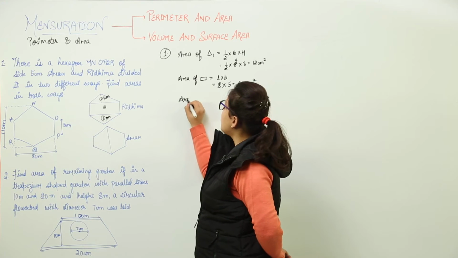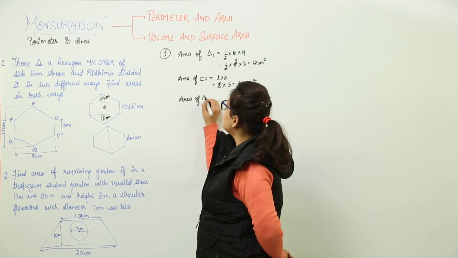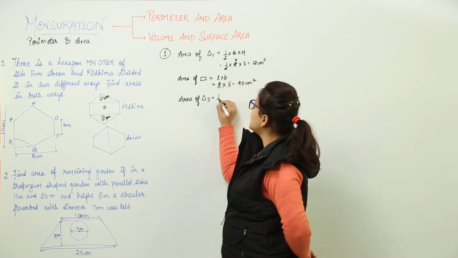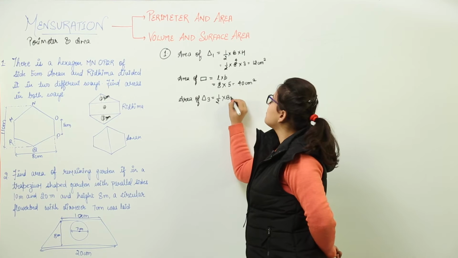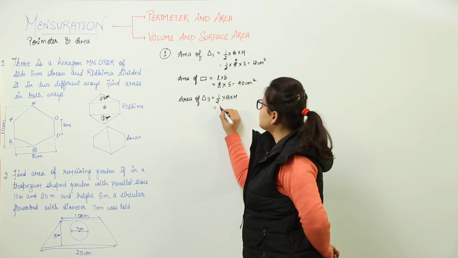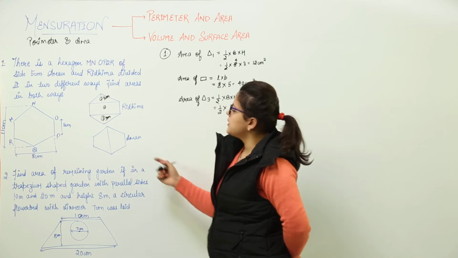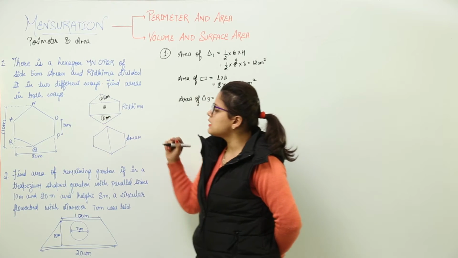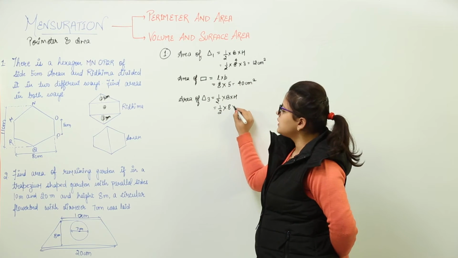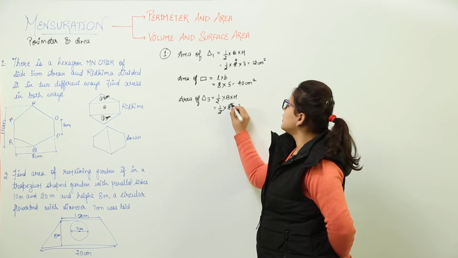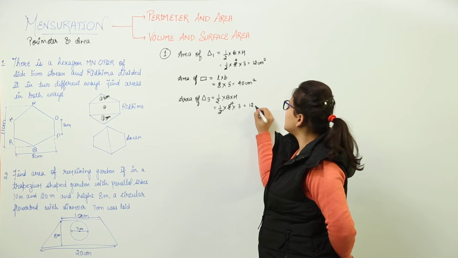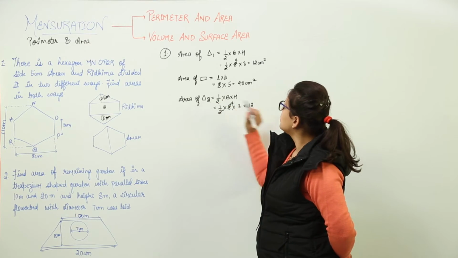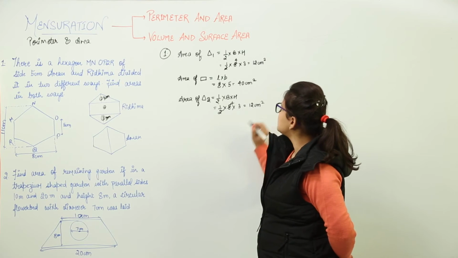Similarly, what do we get for the area of the second triangle, that is the third shape? Same, 1 by 2 base into height. The base for this triangle also remains the same, that is 8. And what do we get as the height? 3. So again we get the area of the third shape, triangle 2, to be equal to 12 centimeters square.